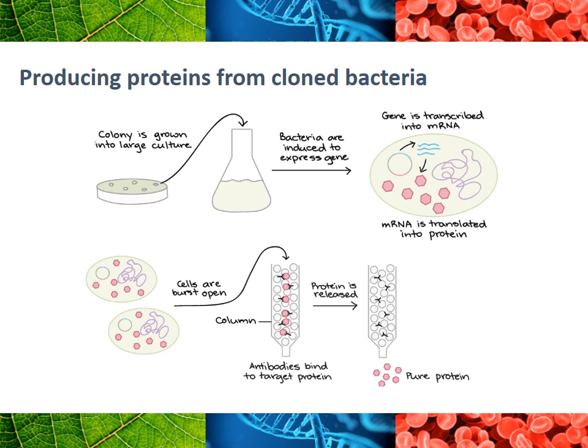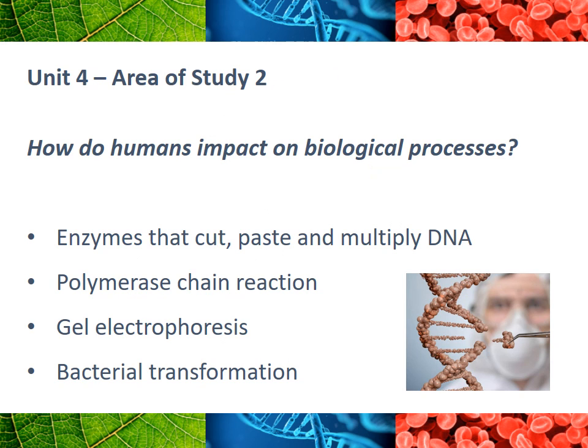To then produce the proteins, they would be extracted into these columns. Don't worry too much about this antibodies binding to the target protein. You don't need to know that. That's just a scientific step, but we end up with these pure proteins.